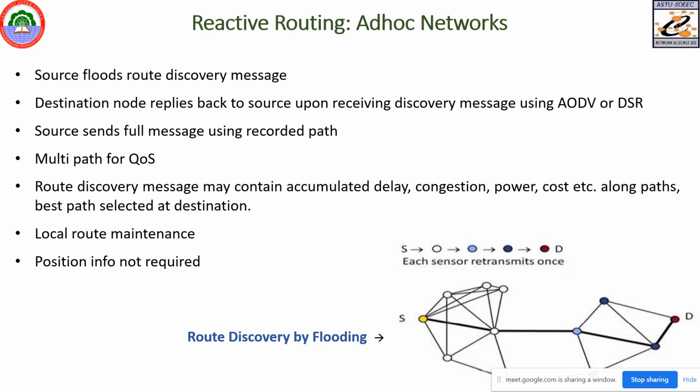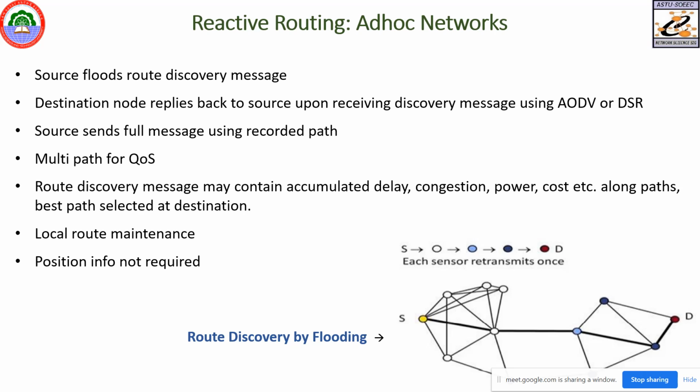But now the future research is in combining ad hoc network with sensor network, merging the features of ad hoc network with sensor network. That means mobile sensor network is the latest trend in research. It is going to occupy the major share in future research.